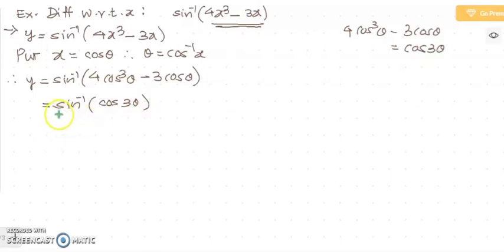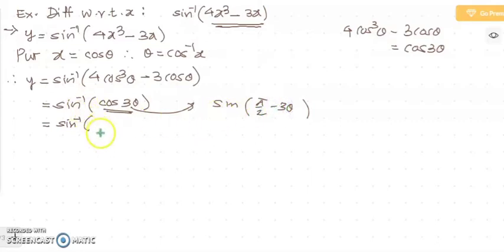We are familiar with cos inverse of cos 3 theta. If it is sine inverse of cos 3 theta, still we can manage it. We have solved similar questions earlier. So don't change this sine inverse, it remains as it is. Just this cos 3 theta goes, and is replaced by sine of what? Cos 3 theta is equal to sine of (pi by 2 minus 3 theta). So replace cos 3 theta by sine of (pi by 2 minus 3 theta).